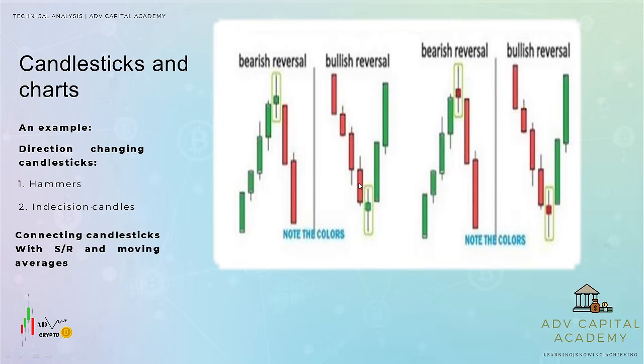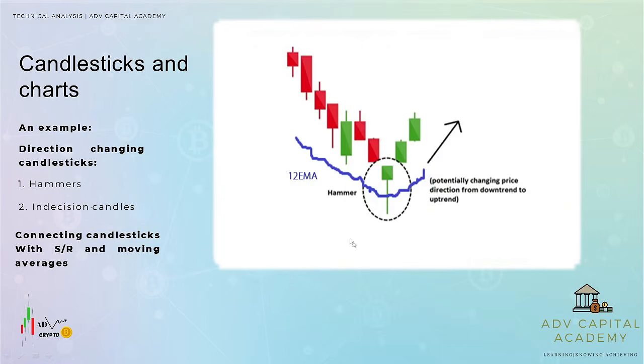We can connect candlesticks with support and resistance and moving averages, and this could help us even more to see where the price is heading. For example, we have the price going down and we have a hammer candlestick. But the hammer candlestick formed after touching the 12th EMA as a support.